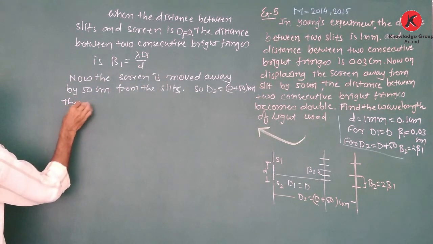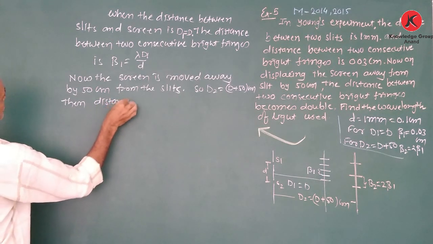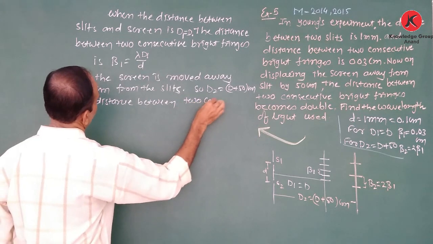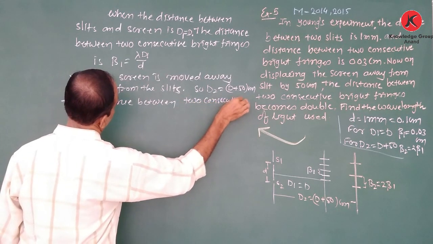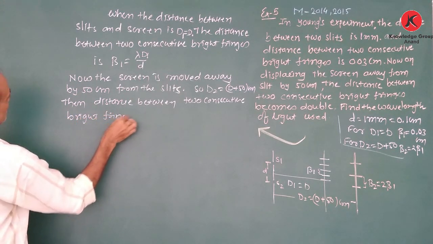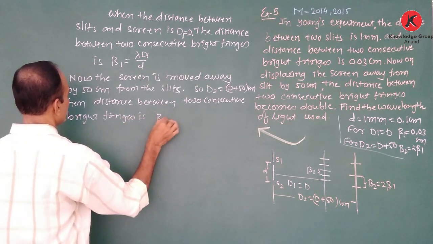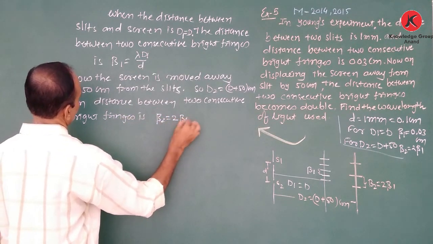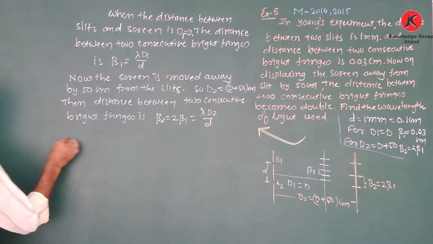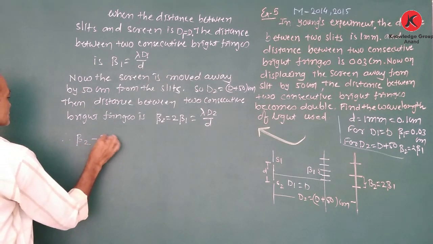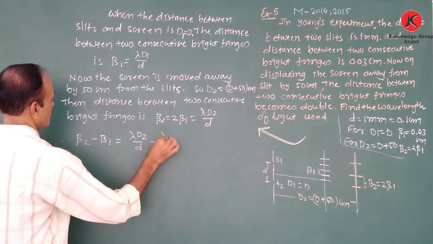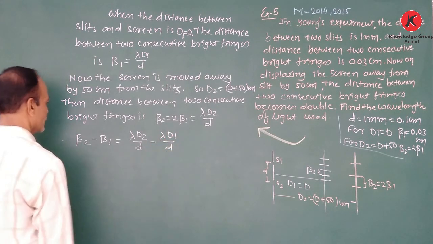Then the distance between two consecutive bright fringes is beta 2, which is equal to twice beta 1, is equal to lambda D2 upon small d. Therefore, beta 2 minus beta 1 is equal to lambda D2 upon d minus lambda D1 upon d.